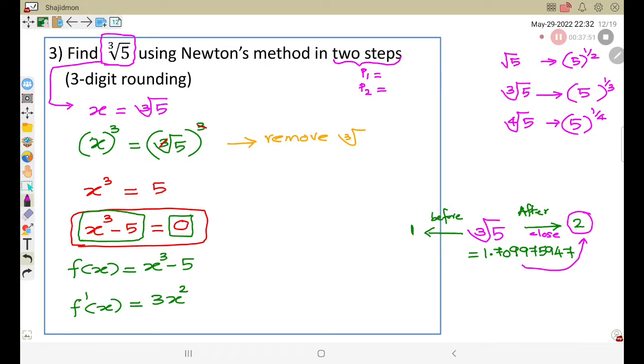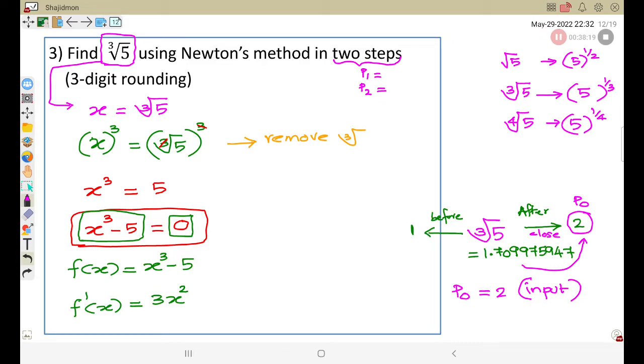So we can take 2 as the P0 number for easy calculation. You can take P0 as 1.7 itself, no problem, or 2 or 1. Here for easy purpose we are taking P0 equal to 2 as the initial approximation. Now we are going to do the calculation. What is P1 and what is P2?